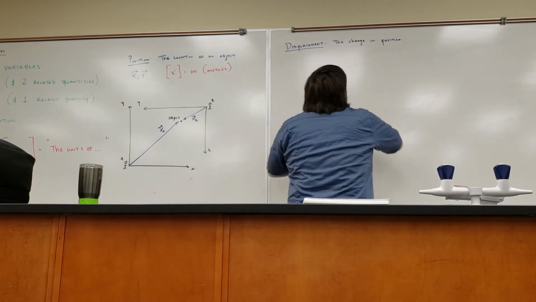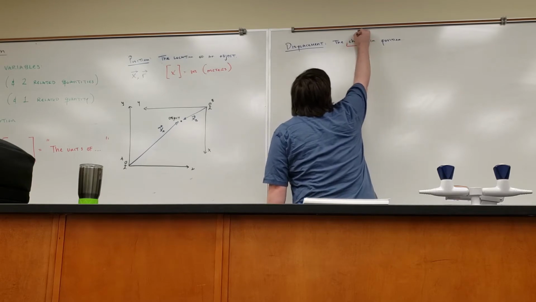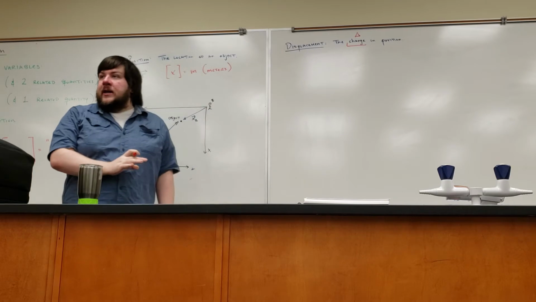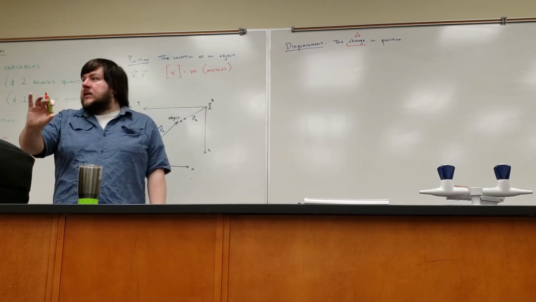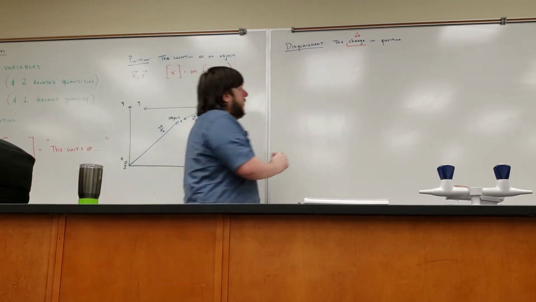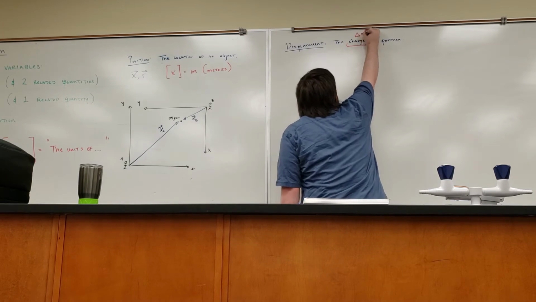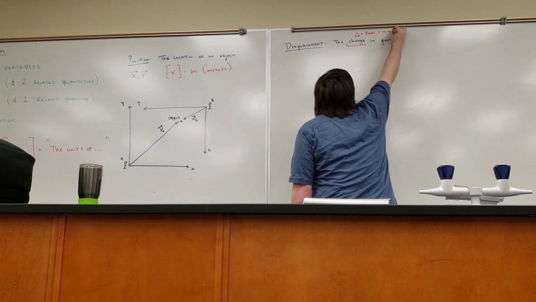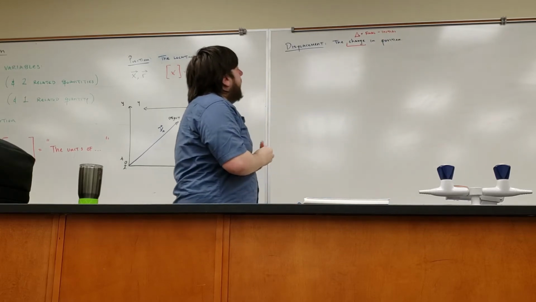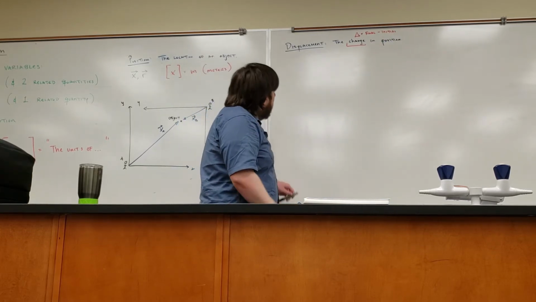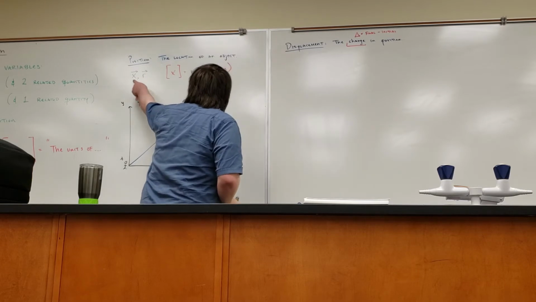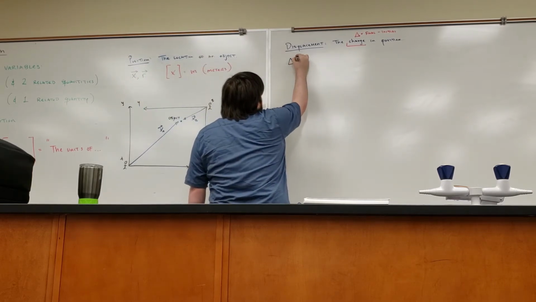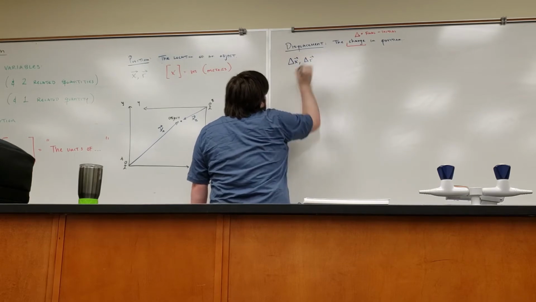It's the capital Greek letter delta. A change always is measured as the final value of some quantity minus the initial value of that quantity. Change is always the final minus the initial. So, if position is x or r, displacement would be given by delta x or delta r.